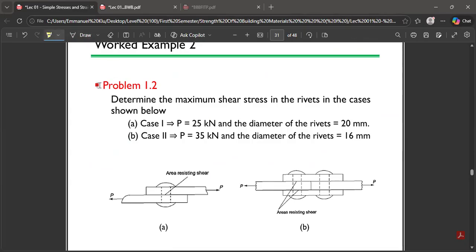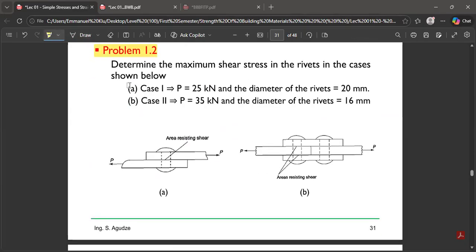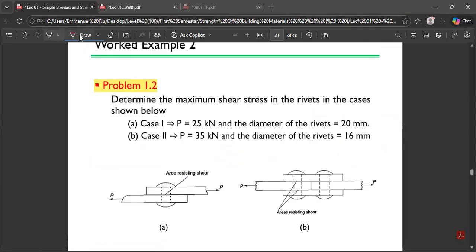Okay. So the question says problem 1.2.1, because we are in lecture 1.2, meaning this is example 2 of lecture 1. Determine the maximum shear stress in the rivets in the cases shown below.